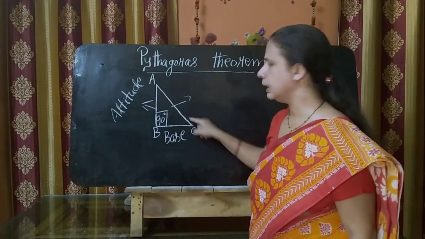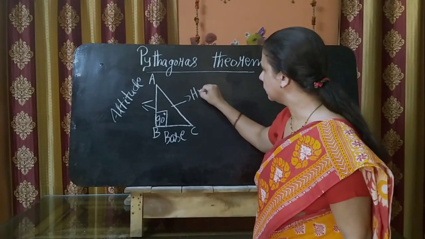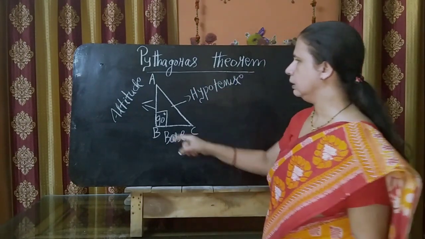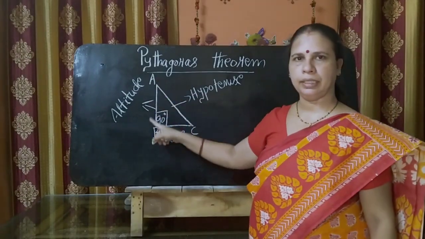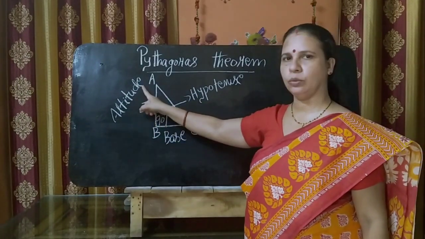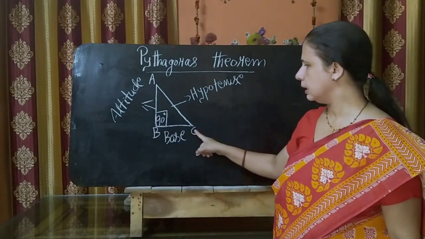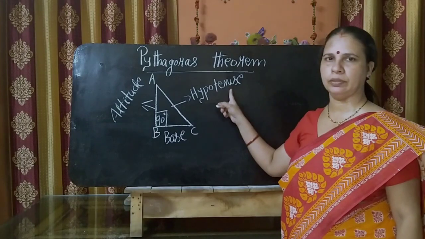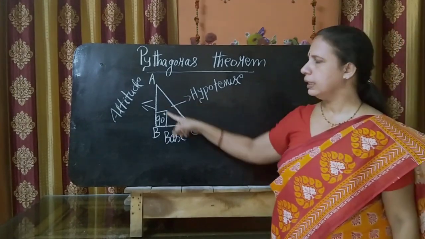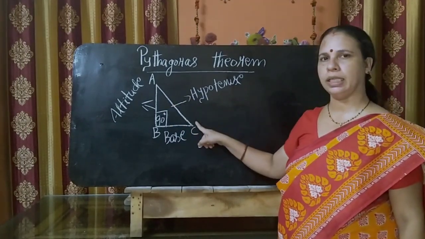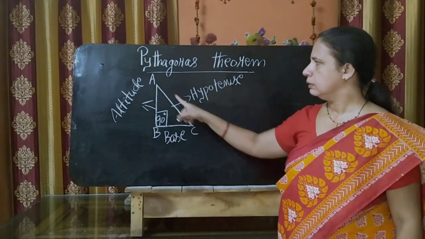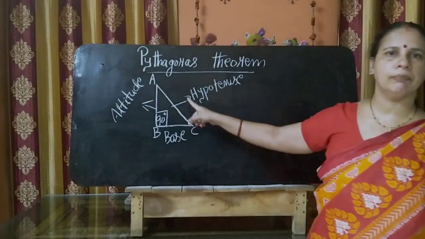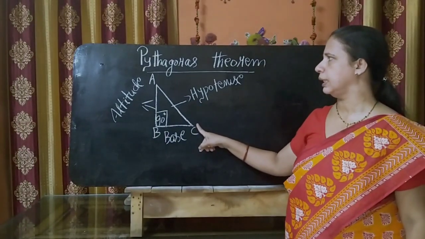This side AC is hypotenuse. In a right angle triangle, hypotenuse is the longest side. Once more, in a right angle triangle, which is the longest side? Hypotenuse is the longest side.